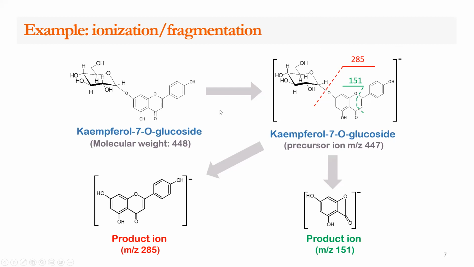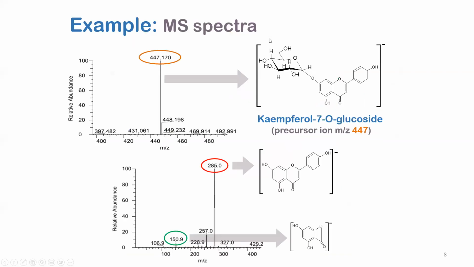And then when we fragment it, it gives two, for example, I just picked these two product ions, which are so unique for this compound. So this is just a spectrum to show. This is the first one, 447, the ion representing the compound itself.